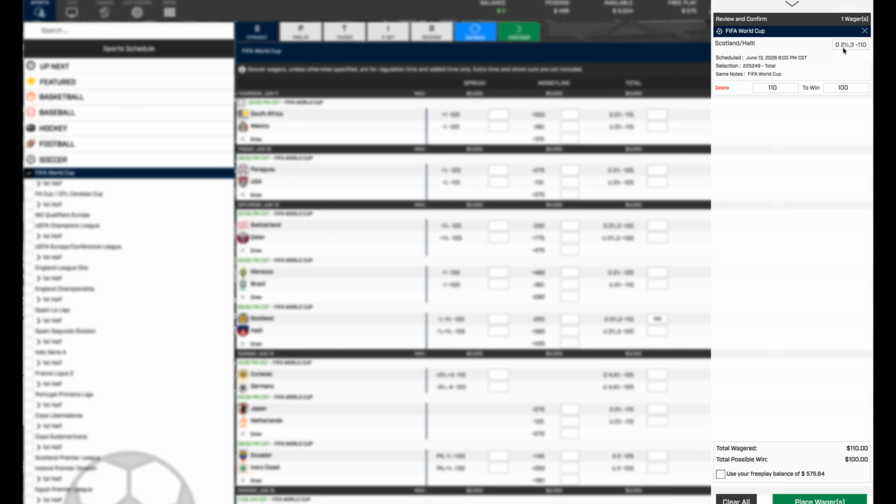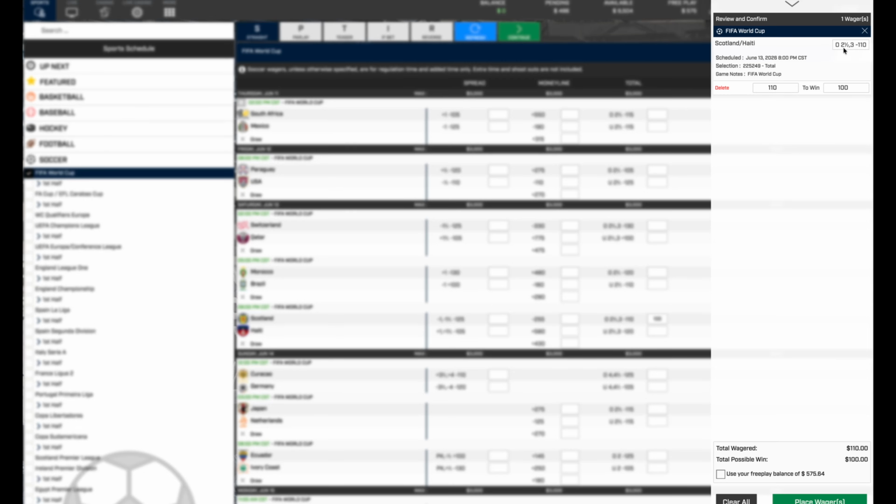You would win the over 2.5, and you would push the 3. So this bet would actually pay you $50, because you would push the other half, right? Again, we're risking 55 to win 50 on over 2.5, and we're risking 55 to win 50 on over 3. So that bet over 3 would push, and the other one would win.